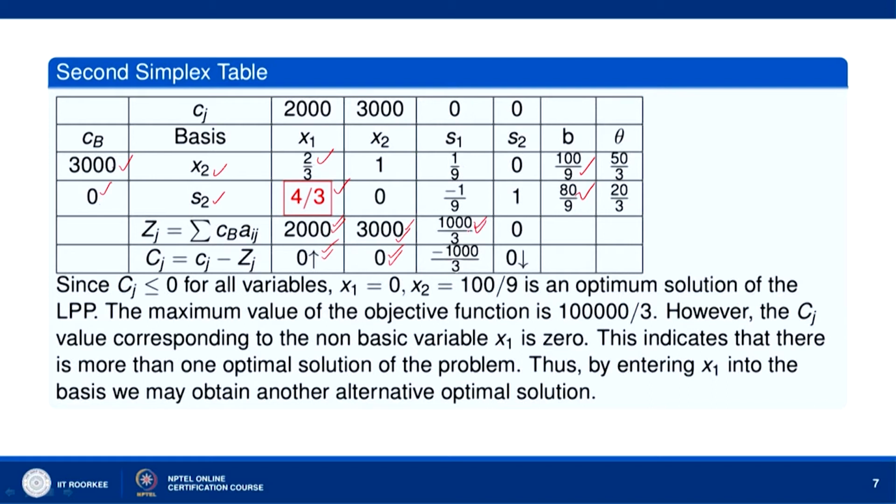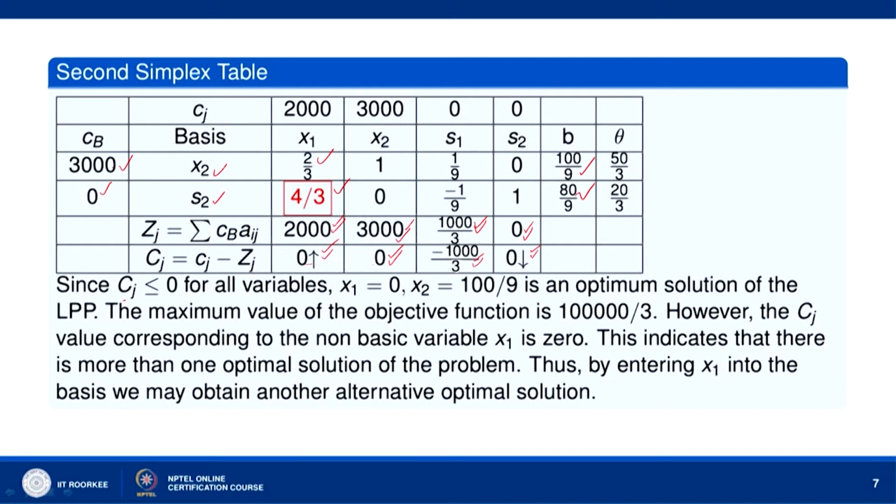So, 0 minus 1000 by 3 is minus 1000 by 3. Then we get 0 into 3000, 0, 0 into 1, 0. So, we get 0 here, 0 minus 0 is 0.